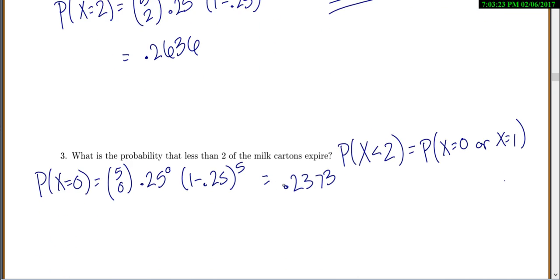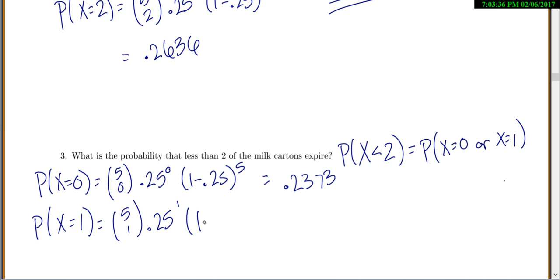Traditionally, when we're doing these probabilities, for some reason, we always write them out to 4 decimal places. And the probability that x equals 1 would be 5 choose 1, 0.25 to the power of 1, 1 minus 0.25 to the power of 5 minus 1, or 4. So 0.3955.